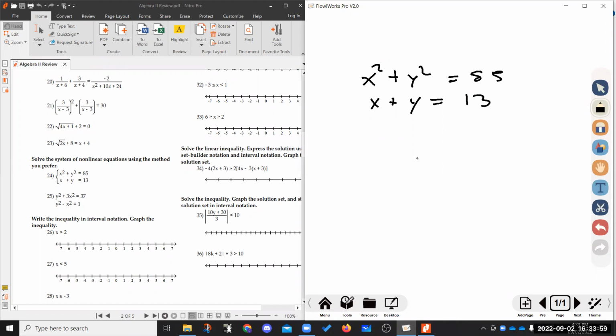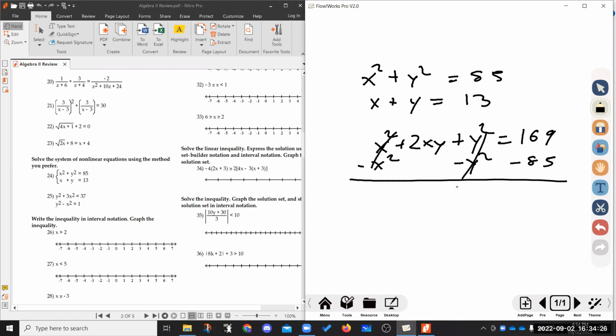Since I'm not doing that right now, I'm going to square both sides of x plus y. I will do this and make this into x squared plus 2xy plus y squared equals 169. And then I'm going to subtract the first equation. That's going to give me that 2xy is equal to 84.